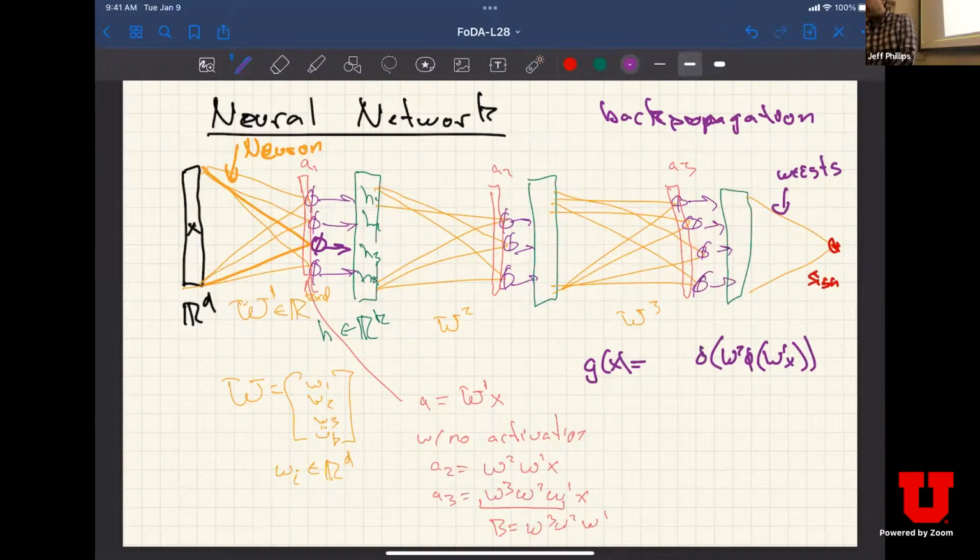And then I pass this through another activation function, and w3 times this activation function, right? This basically gets me to the last layer, and then maybe there's another single layer here, w4. Okay, so this is what the neural network looks like, where this is w4 things. Okay, and w4 might be a vector.